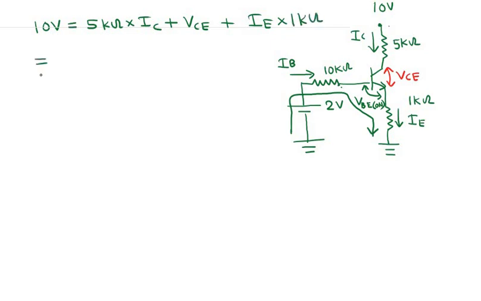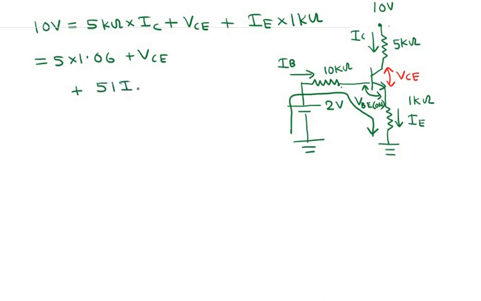IC we have already calculated to be 1.06 milliamperes. So 5 into 1.06 plus VCE plus IE, which is IB divided by 1 minus alpha, equal to 51 times IB.